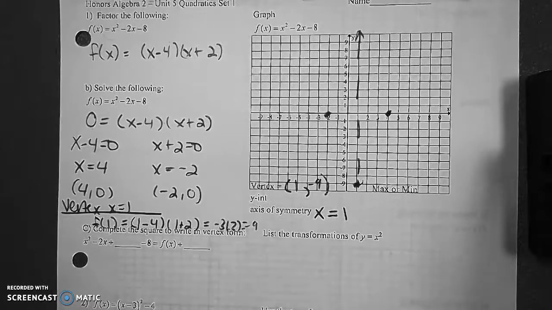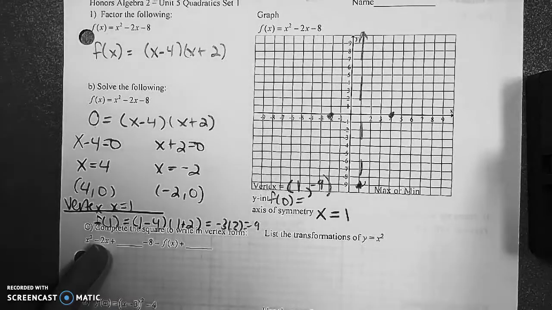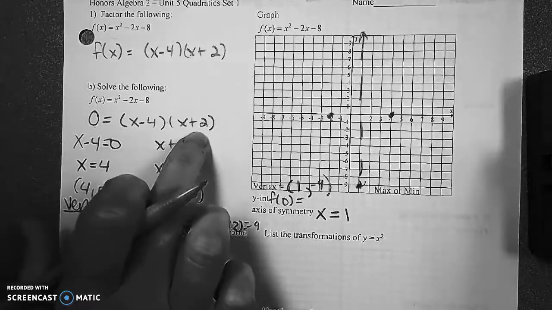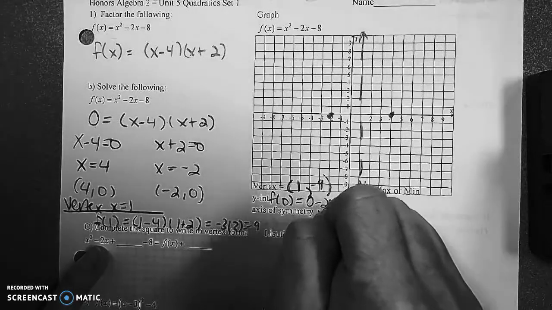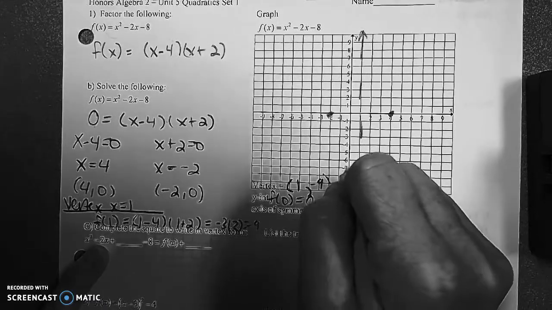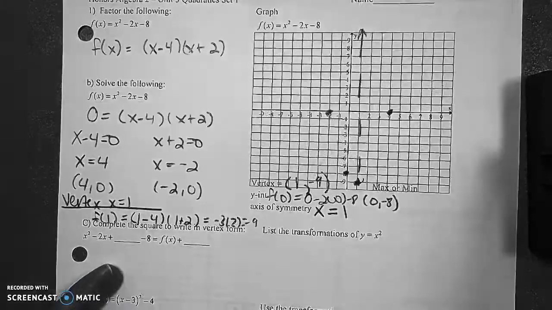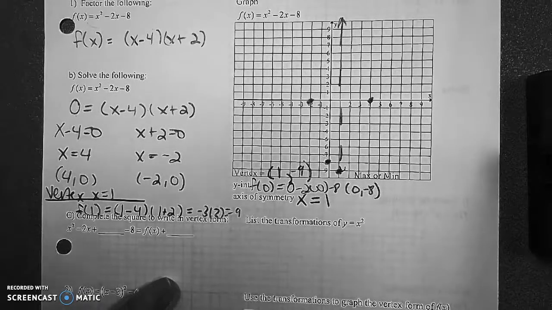But another thing that I can find is the y-intercept. To find the y-intercept, you always plug 0 in. Again, you can use factored form or standard form. It makes no difference. When I plug that in, I see that I'm going to get (0, negative 8). Now actually, that produces another point. Parabolas are symmetric.